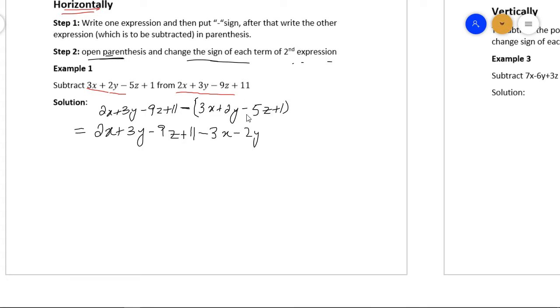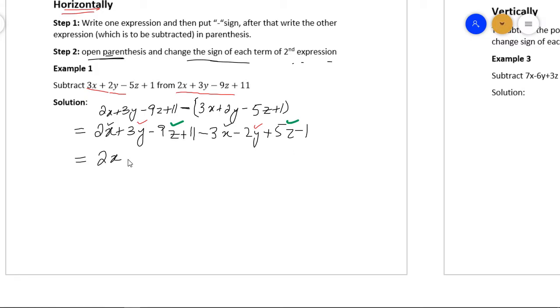Minus 5z is negative, so it will be positive, and 1 is positive, so it will become negative. Now we have to simplify this expression. We will group the like terms, and then we will add their coefficients.